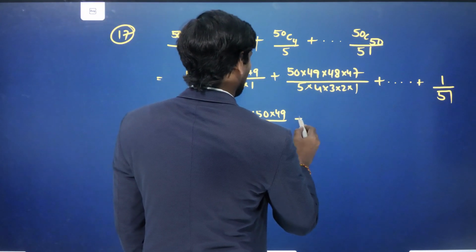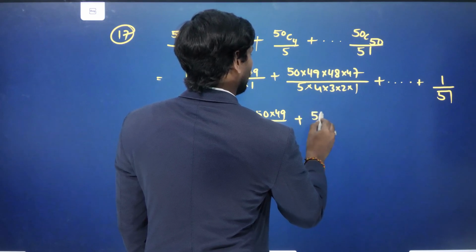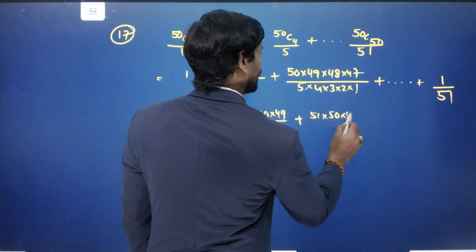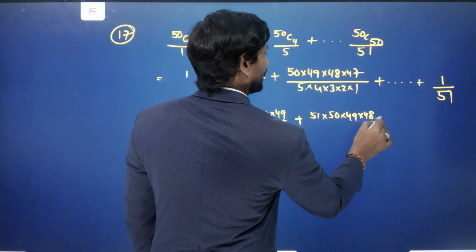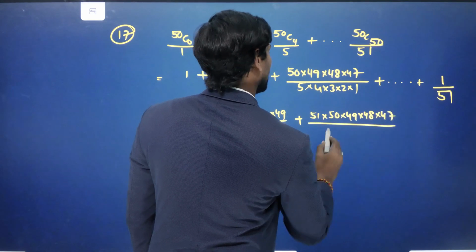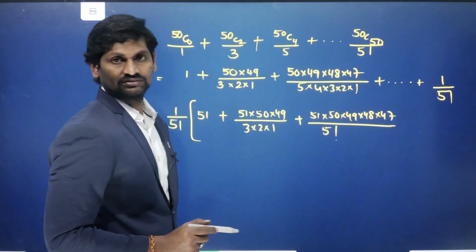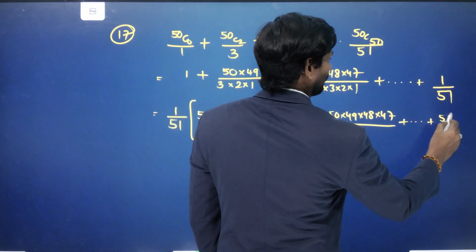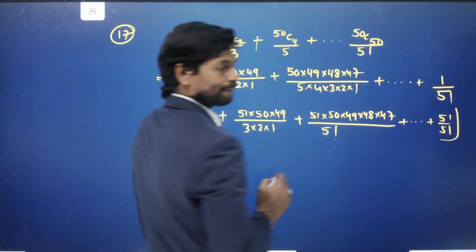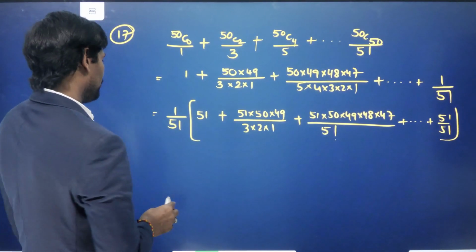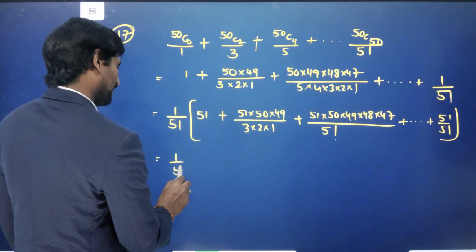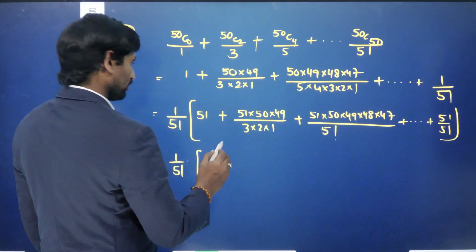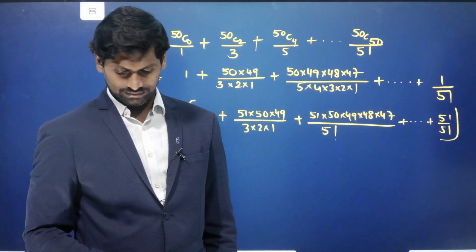Plus 51 into 50 into 49 into 48 into 47. Total 5 terms are there. Denominator 5 factorial, or 5 into 4 into 3 into 2, and so on, plus 51 by 51 becomes 1. So simply 1 by 51, and this one we can write it as 51 by 1. So 51 factorial.